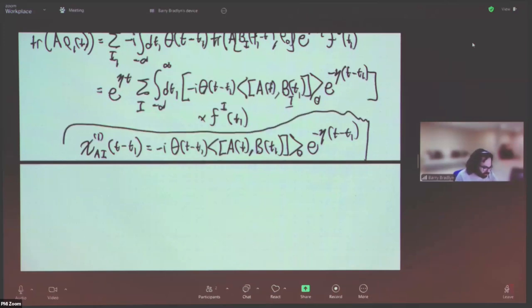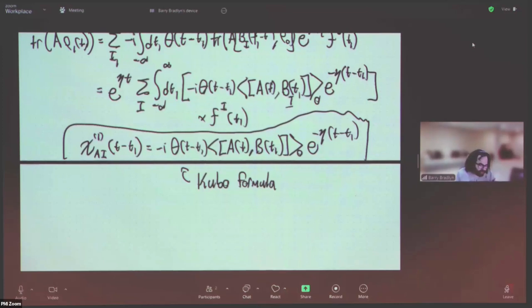So this is a formula you may have seen before, in a many-body physics class. This is the Kubo formula for linear response functions. And the Kubo formula is nice because it is an exact expression for the linear response function.